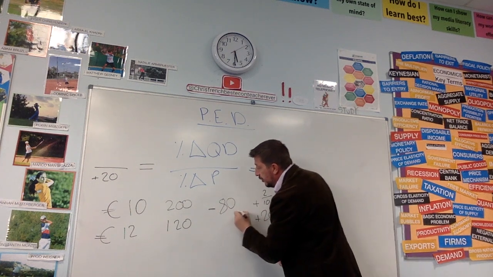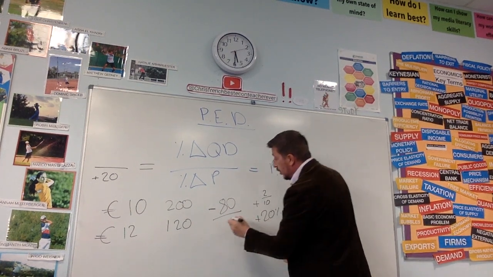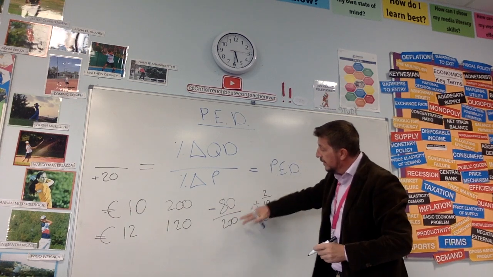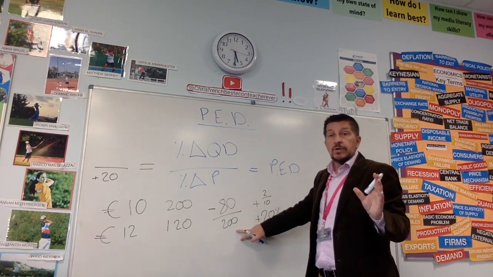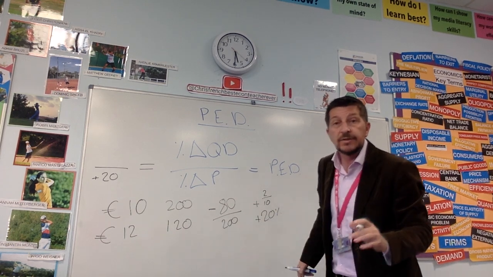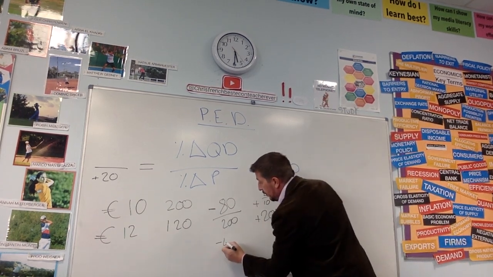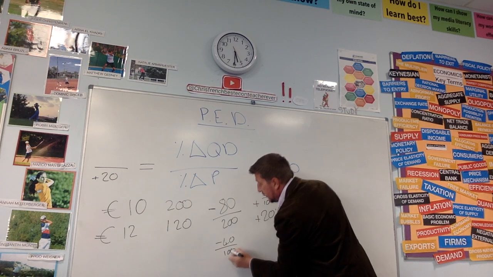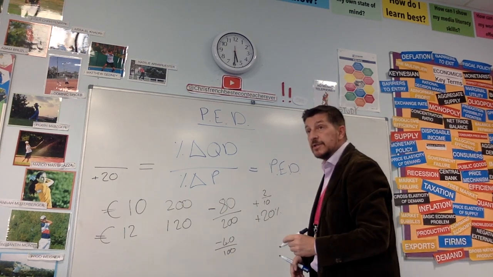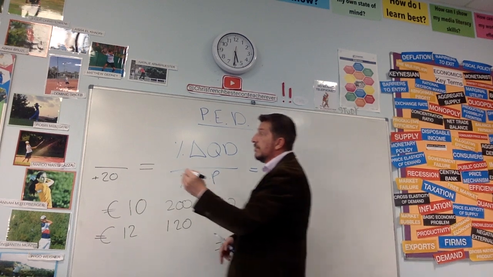What was the original number of consumers? 200. So we've got minus 80 over 200. We're going to simplify this. Let's just halve it to start with, shall we? It's minus 40 over 100. That sounds pretty simple now. That is a 40% change, isn't it? It has fallen by 40%.